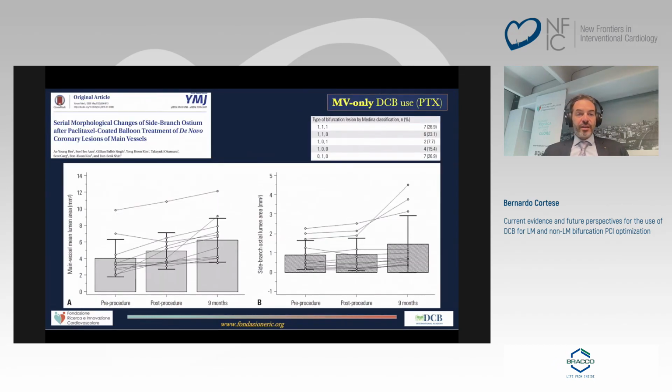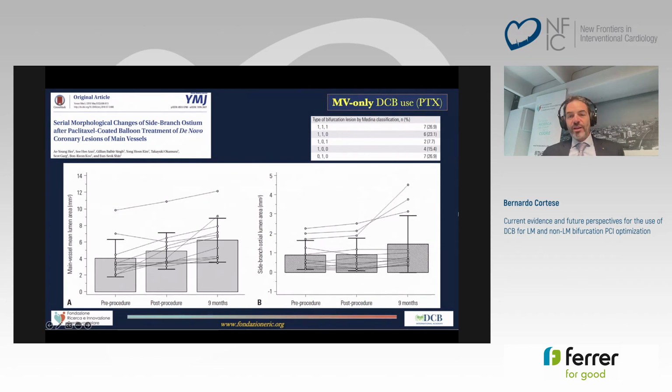This is another study that is, I would say, quite interesting, showing how the usage of a paclitaxel-coated balloon in the main vessel, only in the main vessel, is associated also with an improvement in the late lumen loss in the side branch, probably, and this is only a theory, due to the release of the lipophilic drug, which is paclitaxel, into the side branch.